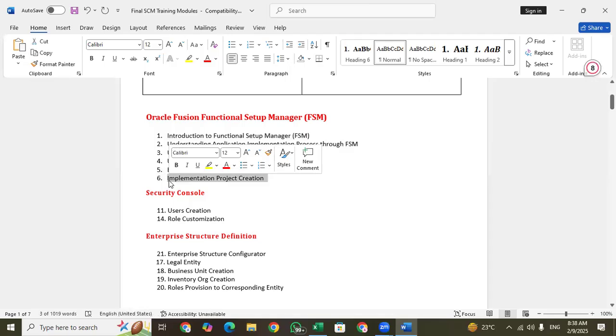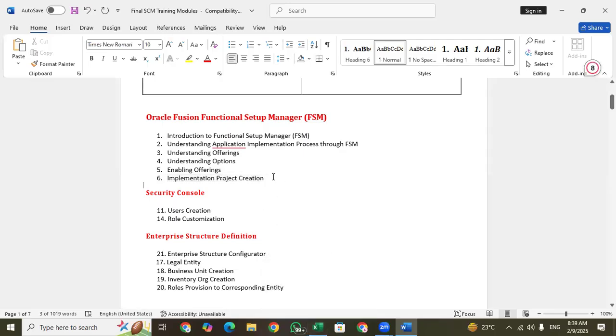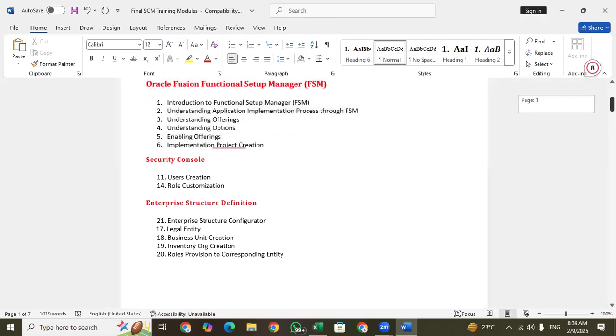For example, if the business has implemented only procurement, not inventory, then we disable the inventory module at the application level. How to disable and enable modules will be discussed from the FSM level. FSM is functional setup manager.